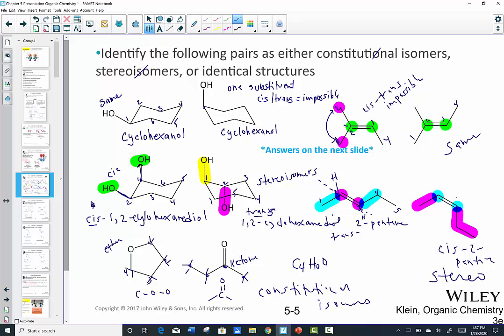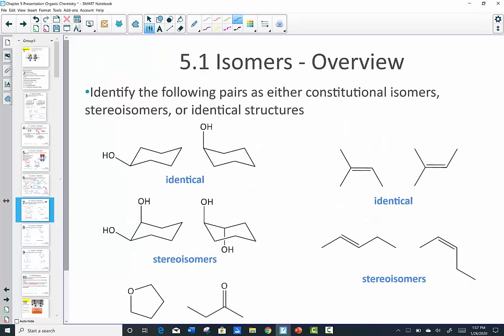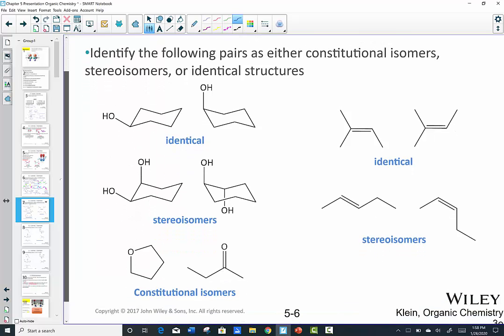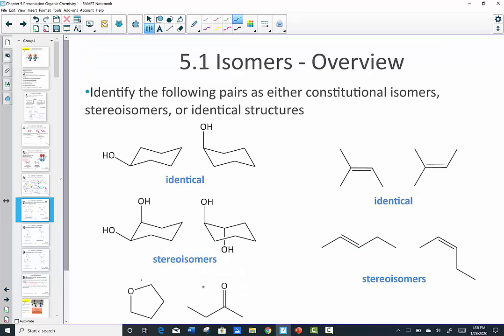And those are the conclusions we made: we had identical molecules when we came up with the exact same name, and we had stereoisomers when we could find cis and trans, and finally when we had completely different functional groups like the ether and the ketone, we called those constitutional isomers.